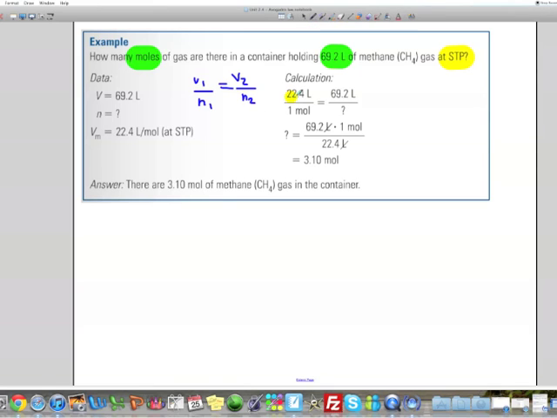So the volume at STP, the number of moles at STP, and on the other side we have the final volume, and we're looking for the number of moles that corresponds to this volume. So all you're doing is a ratio, and your answer is 3.10 moles.